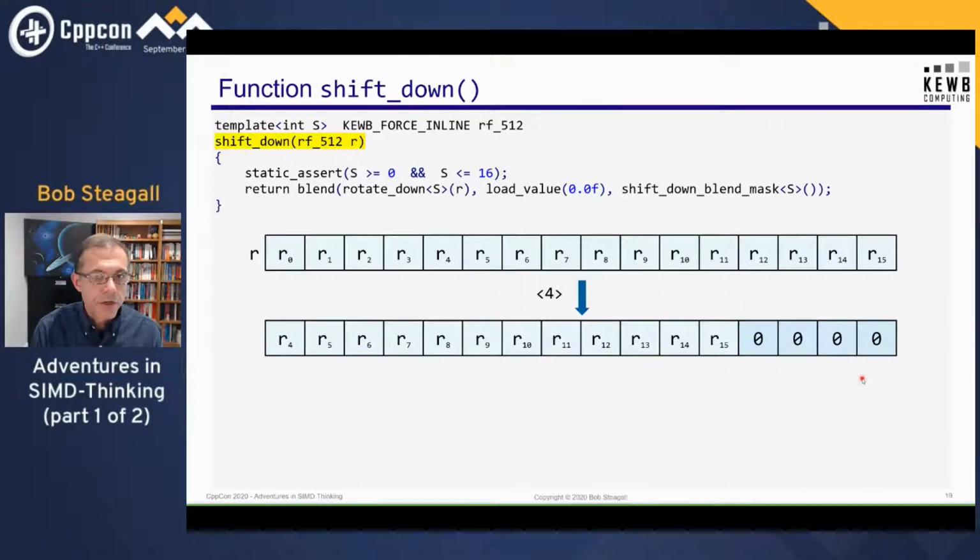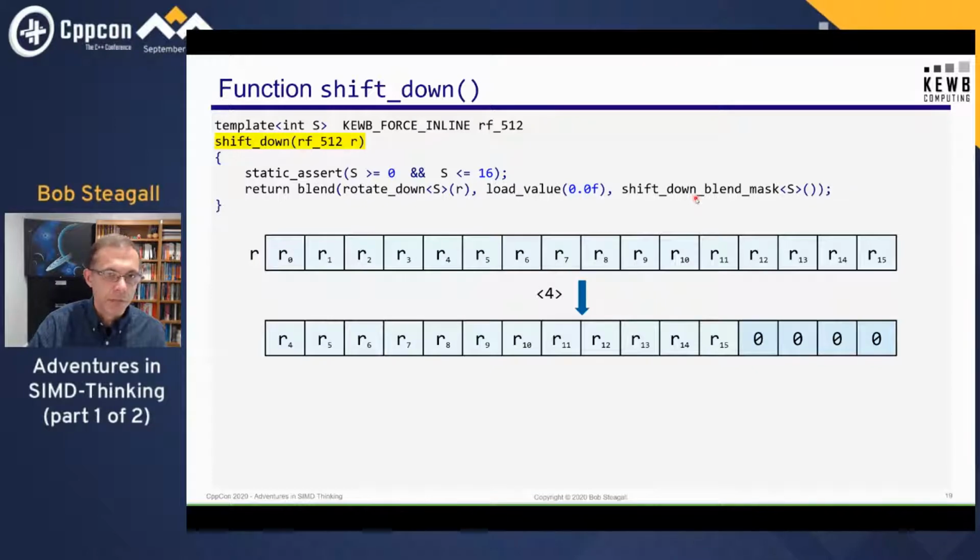Other useful functions are shift down. Shift down is actually a combination of rotating. So I'm rotating down by 4 in this example. I have another register that I've loaded with zeros, and I have a special function called shift down blend mask, which takes the amount of rotation and computes the bit mask. That's not important here, so I didn't include it.